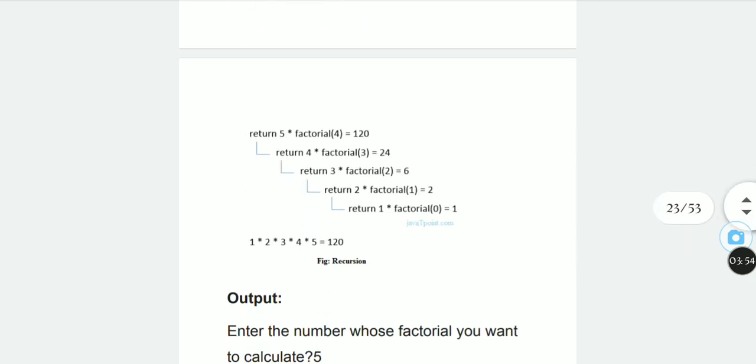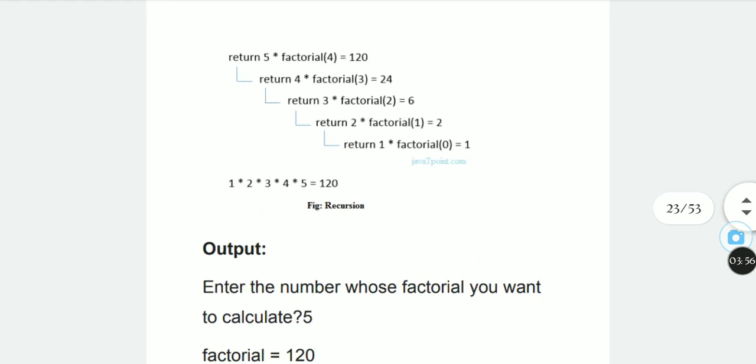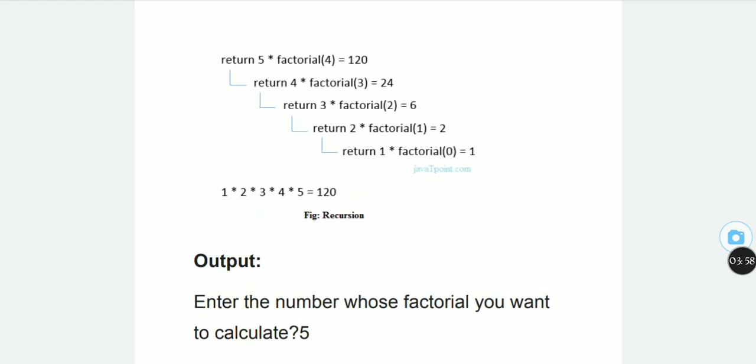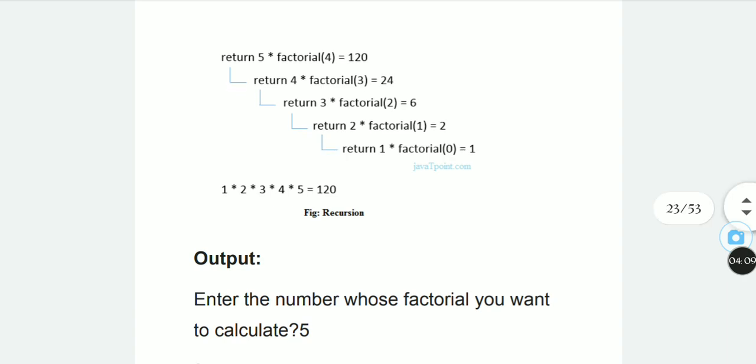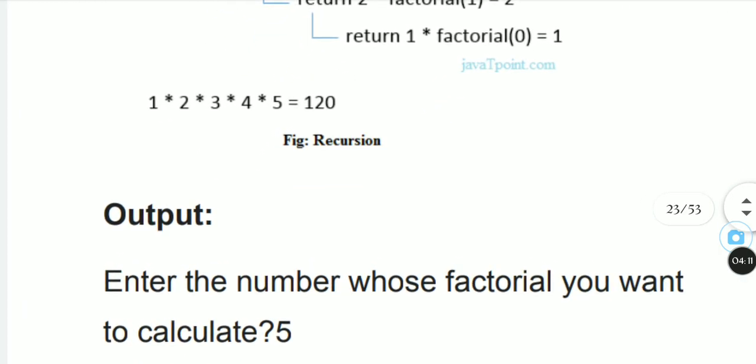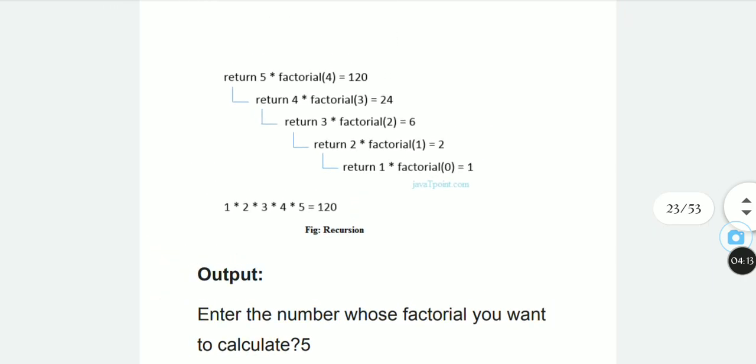Here I show return 5. Return means return 5, which is n, into factorial of 4. That is nothing but n minus 1, 5 minus 1 is 4. While we are calculating like this, 1 into 2 into 3 into 4 into 5 equals 120. This is the factorial value for 5.